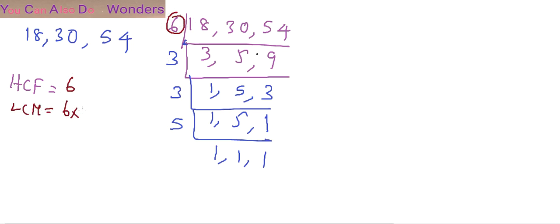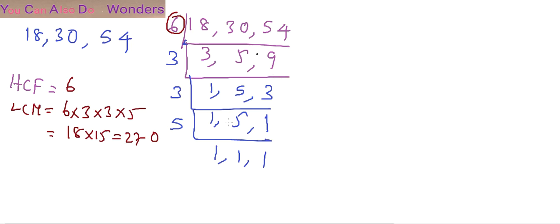So 6 into 3 into 3 into 5. 6 into 3, 18, 18 into 15 is 270. So LCM is 270 and HCF is 6.